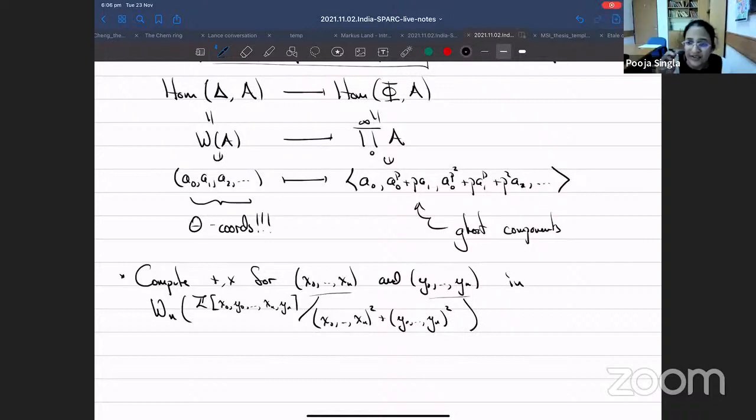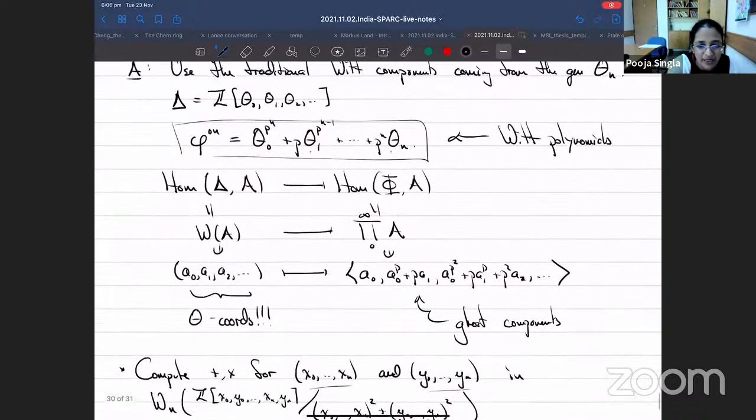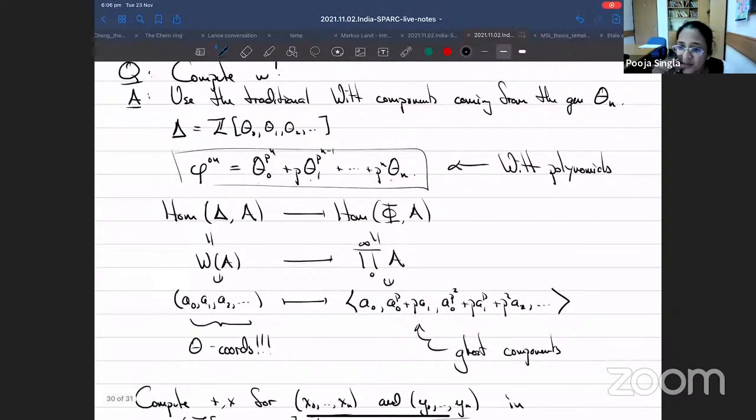Can I ask one question, Jim, before we go to this? In the previous thing you gave us this map, the ghost components. Amri and I were trying to do this: last time in the lecture, you gave us the Witt ring of Zp, where you gave this product ring and you gave these conditions.